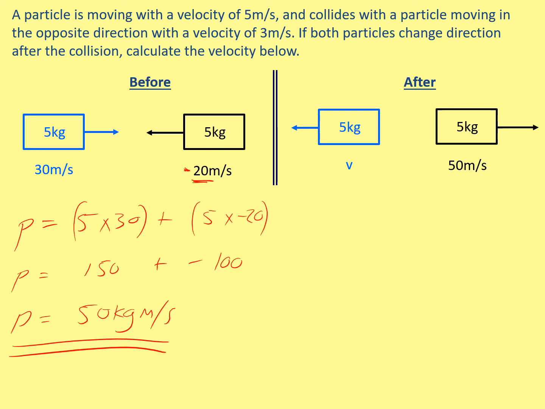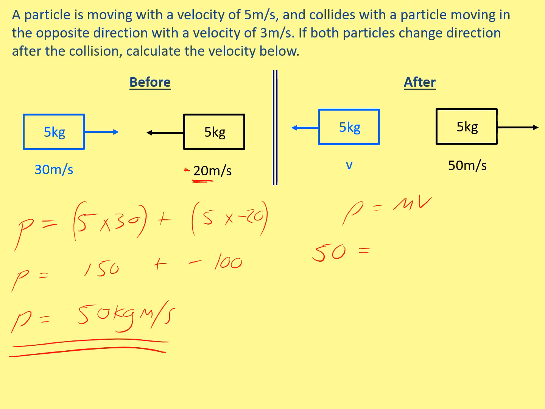Now afterwards, we know P is equal to mv. We know that the total momentum is going to be 50. It has to be. So let's do the momentum of the blue box first.